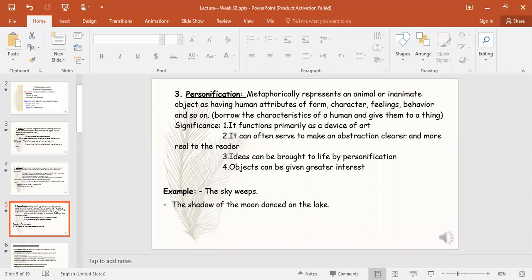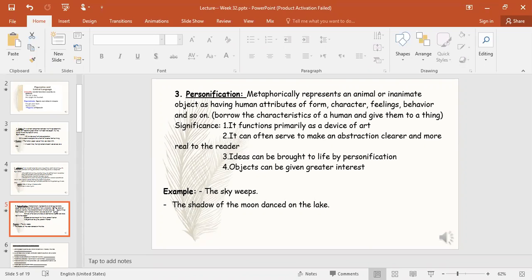So Anna, when I say personification, it means I am using some human characters or feelings or behavior or acts, borrowing them and giving them to an animal or thing. So personification means representing an animal or a thing as having human attributes of form, characters, feelings, behavior, and so on.